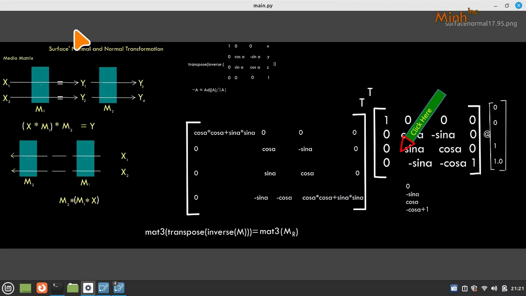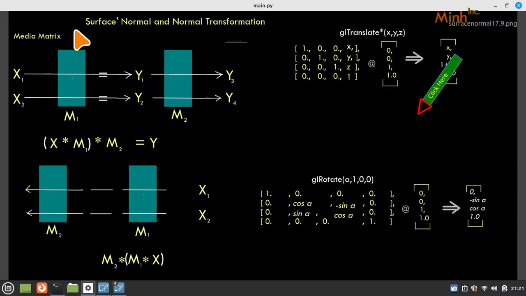The translation comes as fourth row, which has no weightage. It just computes in the W. Otherwise, it is only angular. This proves that transpose and inverse is affected only by rotation, not by the translation. That's why we do transpose and inverse.